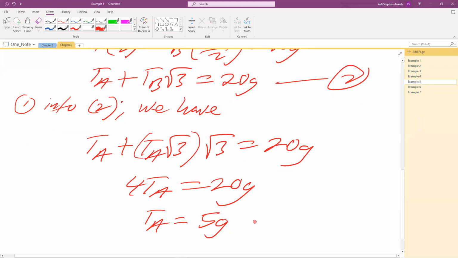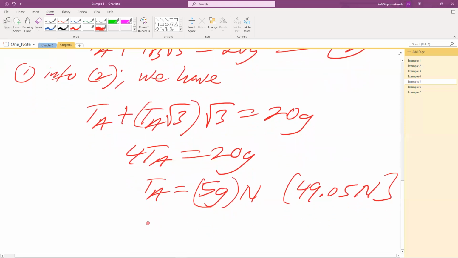Of course, in Newtons. At this moment you can use the calculator and do 5 times 9.81, which you could have done at the beginning, and this is about 49.05 newtons. Then you also work out TB. TB is TA root 3, which is 5G root 3.